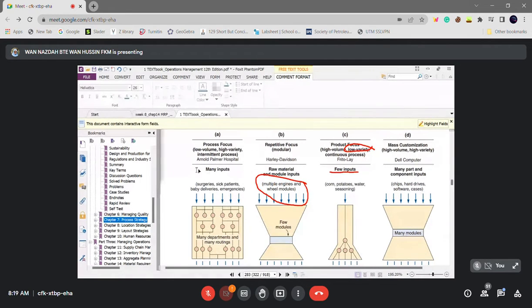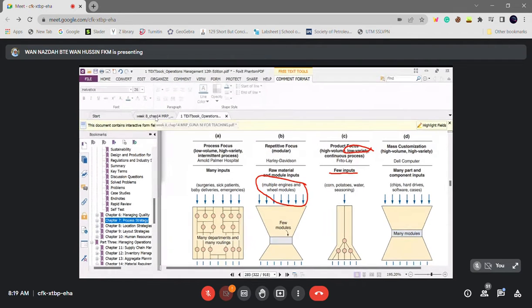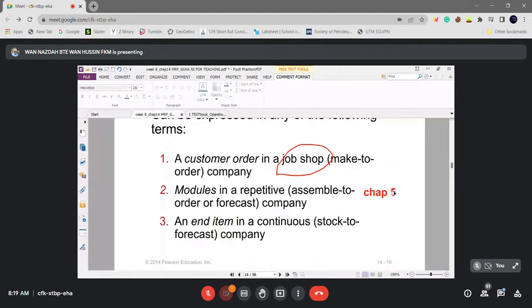Does the product in your factory use process focus, repetitive focus, modular, product focus, or mass customization? If you want to know more about the process, you may refer to chapter 7. Remember, we have covered the capacity in great detail, but we expect the students to cover the material in chapter 7 by yourself.